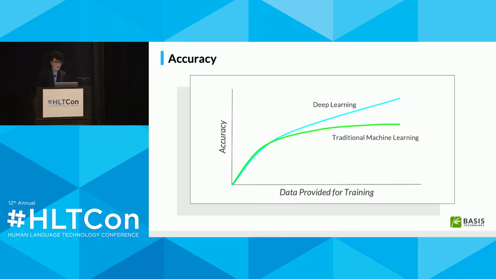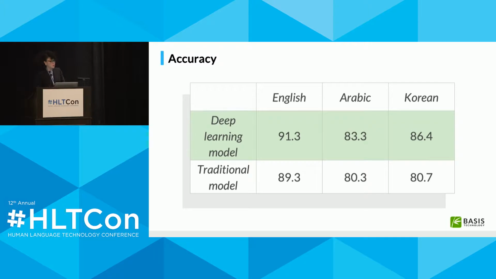I wish it did. But basically what we're seeing here in this graph is that the ceiling for improvement of deep learned models is much higher than that of traditional machine learned models. So if you have data available and you keep feeding the system data, you're going to see significant improvements in your results. And we've seen that firsthand here at Basis.